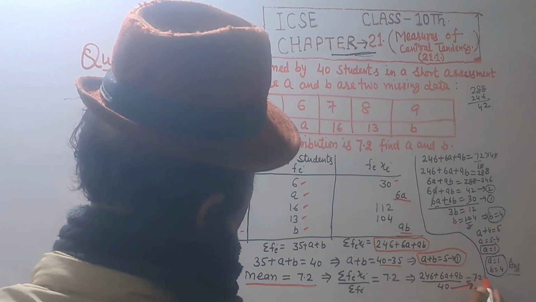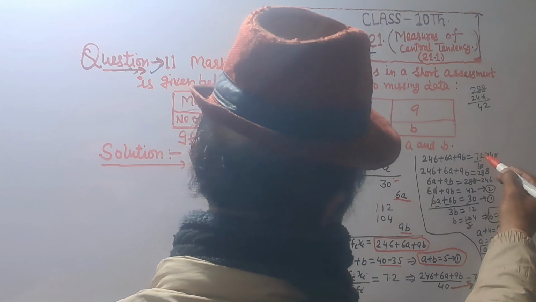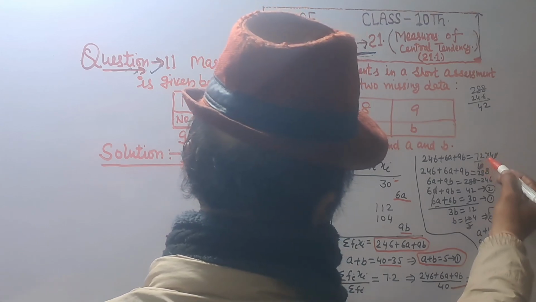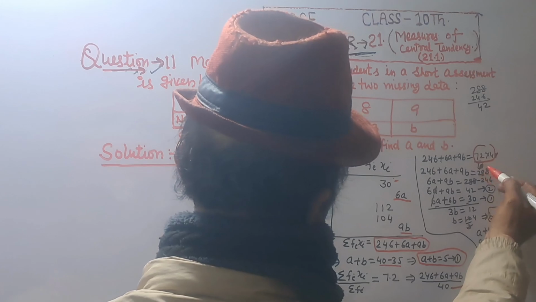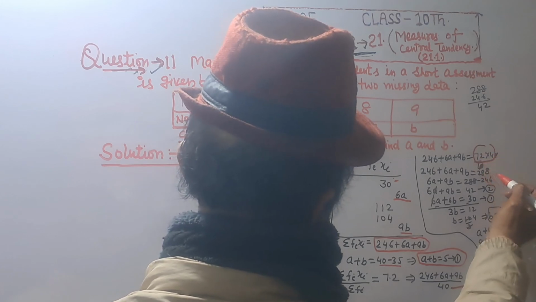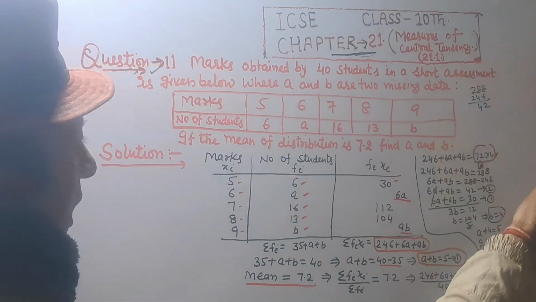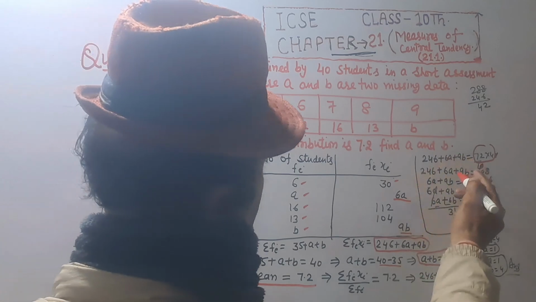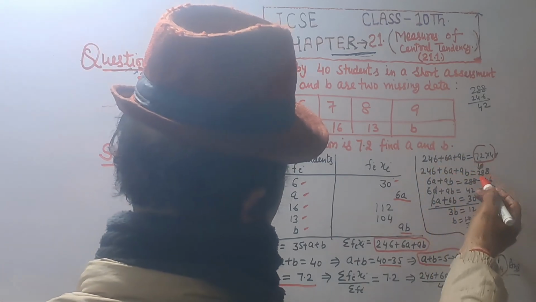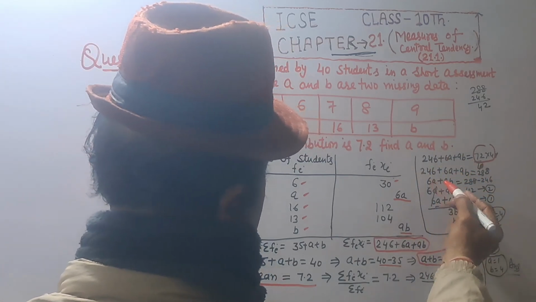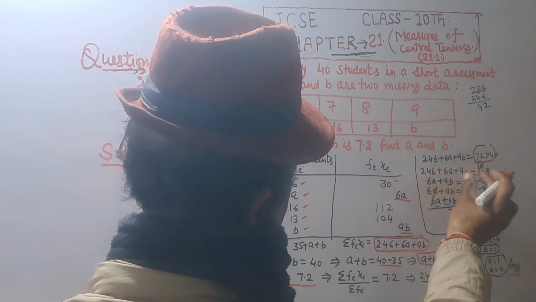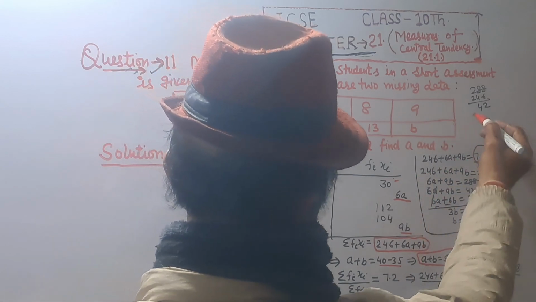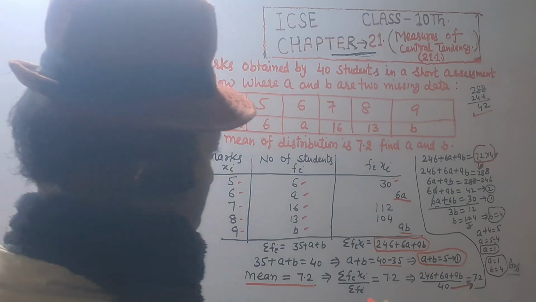Then 40 multiplied by 7.2, 72 upon 10 into 40, we get 72 into 4, 4 2s are 8 and 7 4s are 28, that is 288. 246 plus 6A plus 9B is equal to 288. 6A plus 9B is equal to 288 minus 246, that is equal to 42.